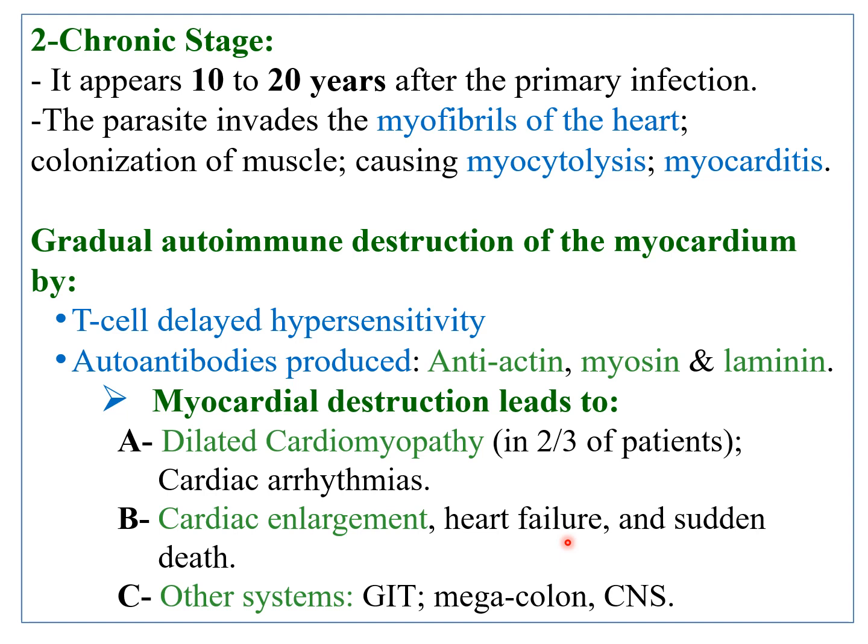Other systems in the body can also get infected, and this includes the GI tract. So the patient might present with a megacolon or megaesophagus, and sometimes megaureter. And the parasite can also multiply inside the neurons and lead to central nervous system manifestations.